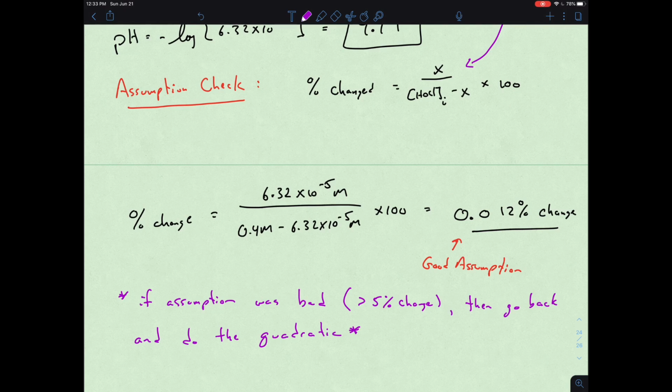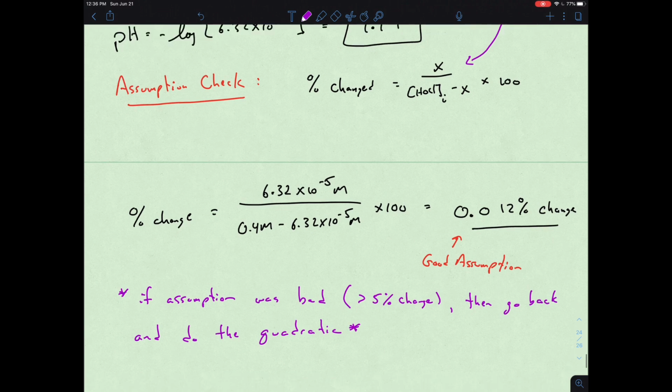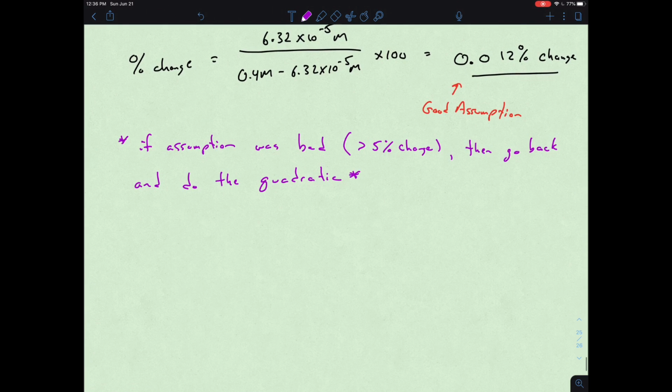But here we're okay, our assumption is good, our percent change is way less than 5%. So we're okay with our pH being equal to 4.19. Let's look at another example and maybe start to solve for the other side of the equilibrium expression.